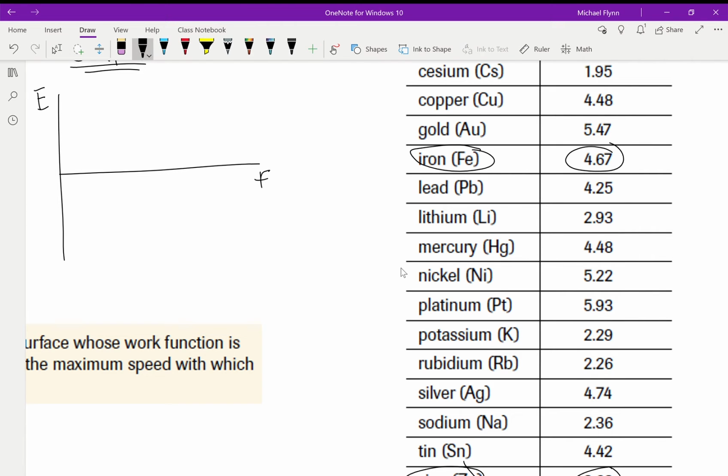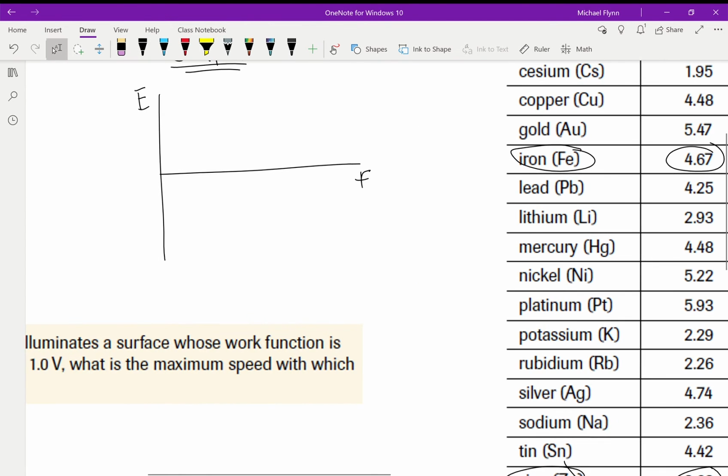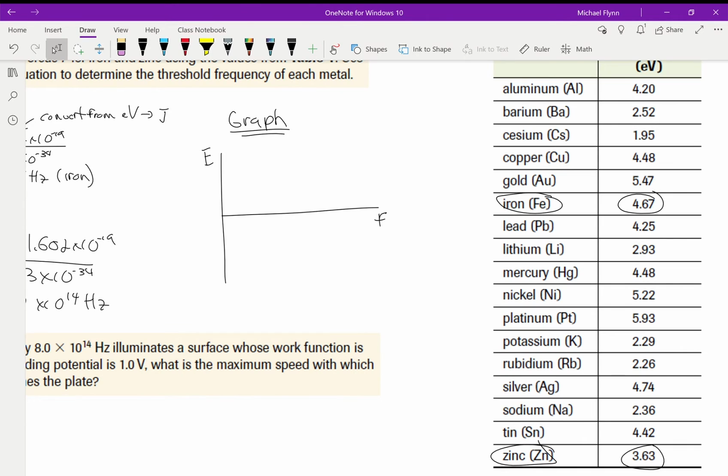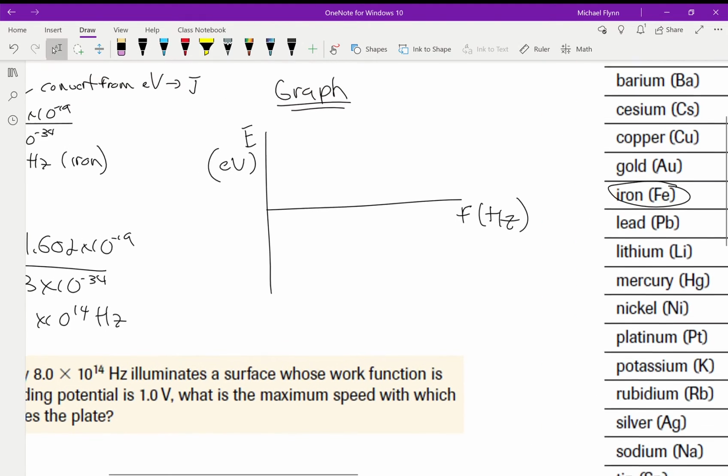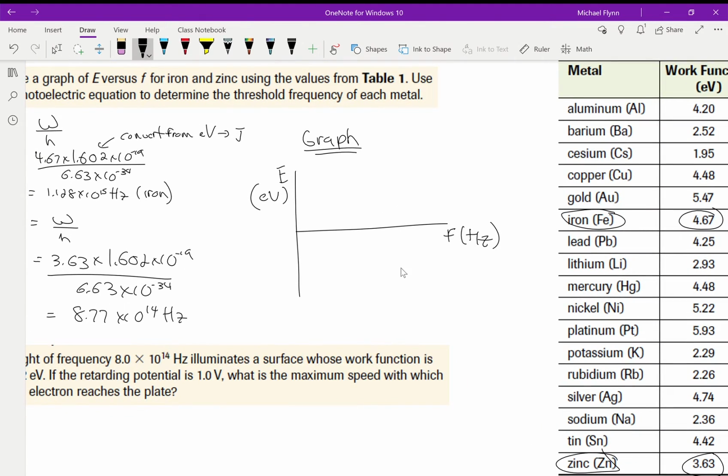Let's leave our energies in electron volts, and we'll put our frequency in hertz. Just for fun, because we can choose whatever scale we want on our axis. It makes it easier to graph the work function.